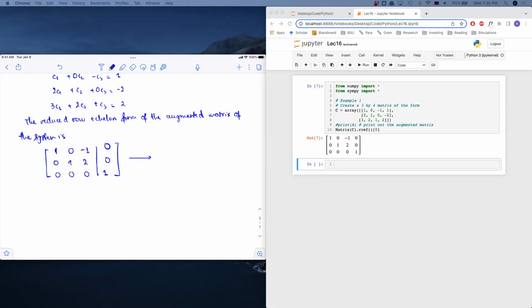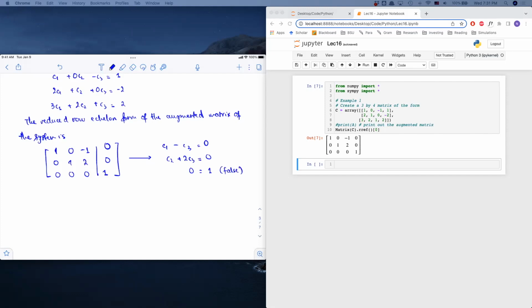But let's write down the system and see what we got here. So c1 minus c3 equal to 0. c2 plus 2c3 equal to 0, and 0 equal to 1, right? So 0c1 plus 0c2 plus 0c3 equal to 1, which is a false statement.